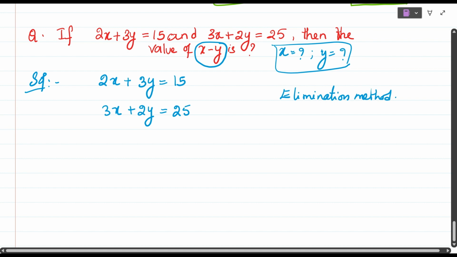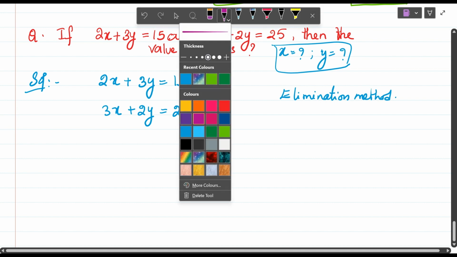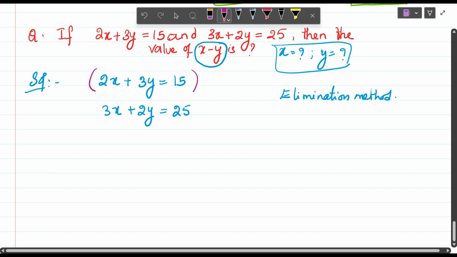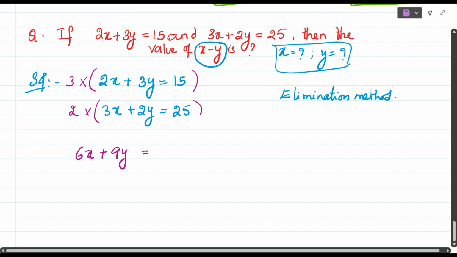So the first equation I am going to multiply with the number 3 and the second equation I am going to multiply with the number 2. Okay. So what will be our first equation after applying distributive property, that is 6x plus 9y is equal to, so 15 into 3 also.